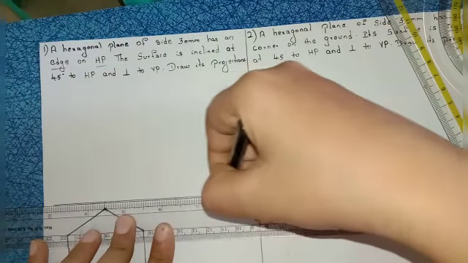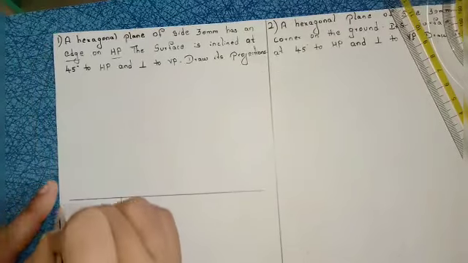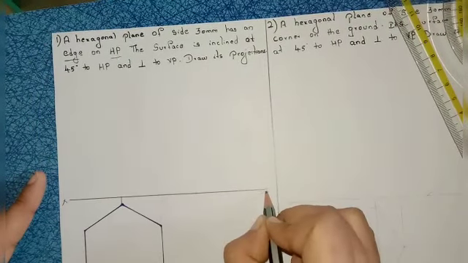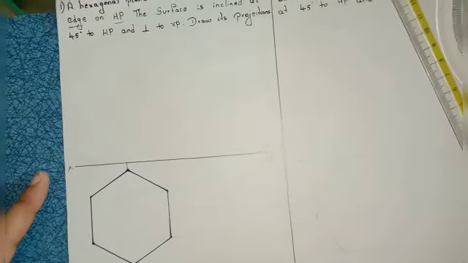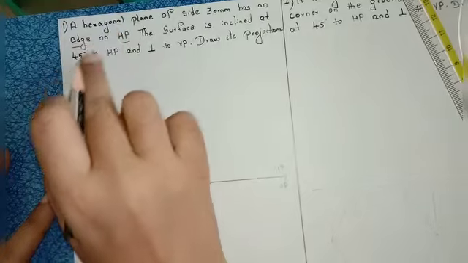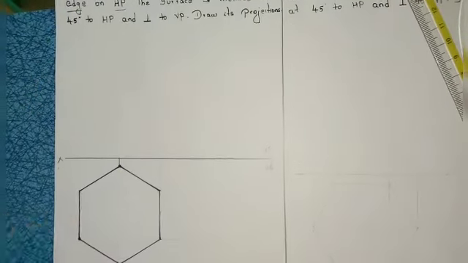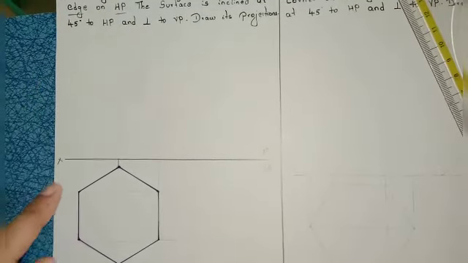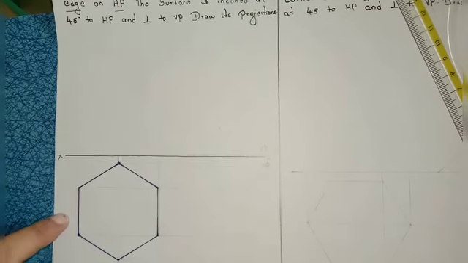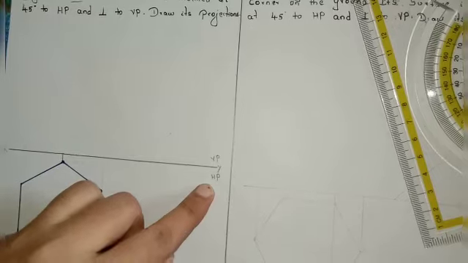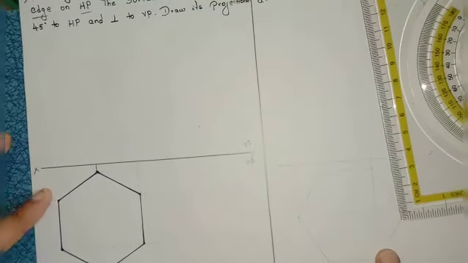Name it as XY, vertical plane, and this is your horizontal plane. See, hexagon edge on HP. This is the left side of your diagram. Left side is the edge. Hexagon edge on HP. You have to check like this.